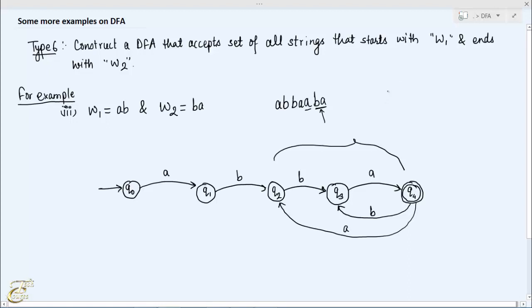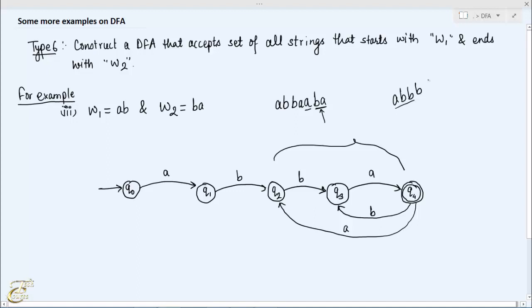Similarly, what if the machine reads a symbol B in Q3 state? In that case, the machine already read the symbols A, B, B to reach the state Q3 from Q0, and reading one more B in Q3 state, that is B after this string.